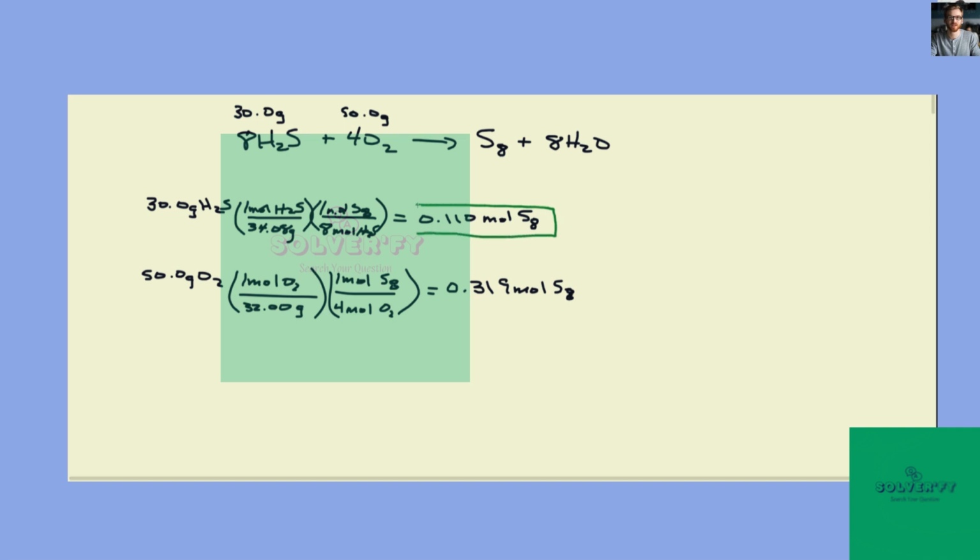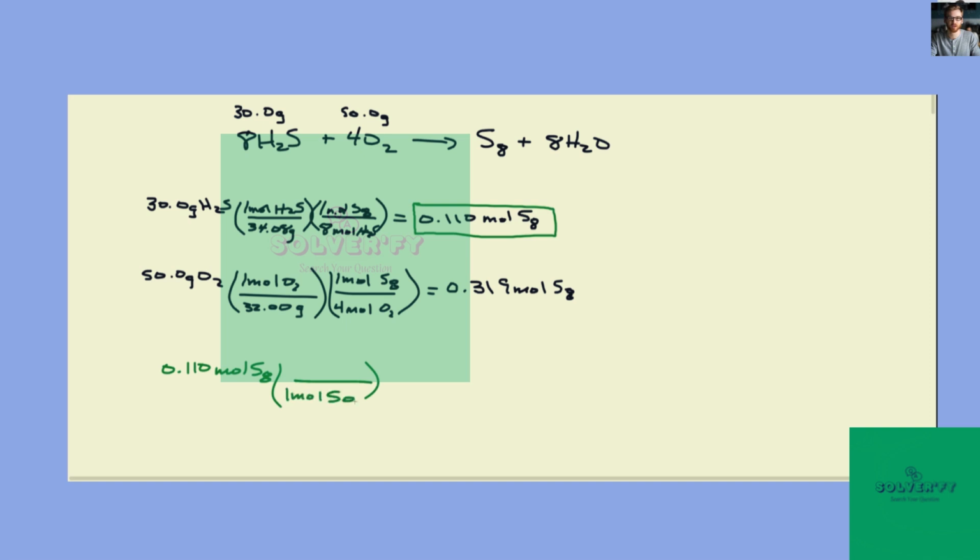So we're going to take our 0.110 moles of S8 forward and convert that into grams. So we'll take our 0.110 moles of S8, multiply it by its molar mass.